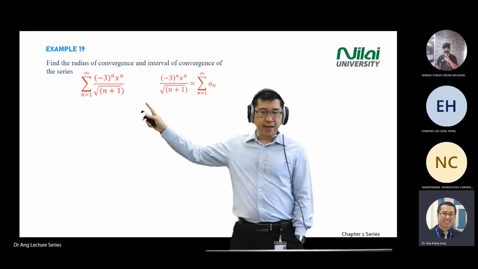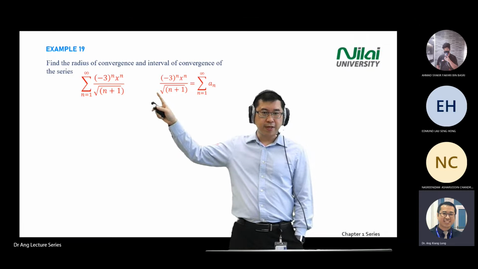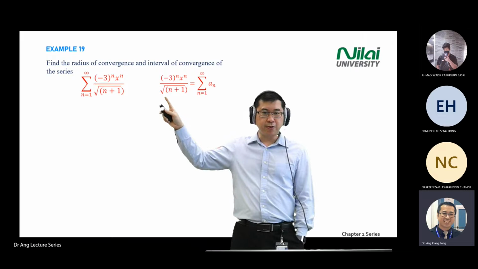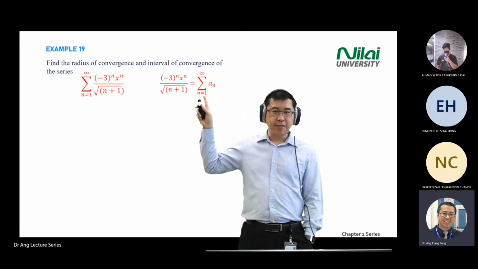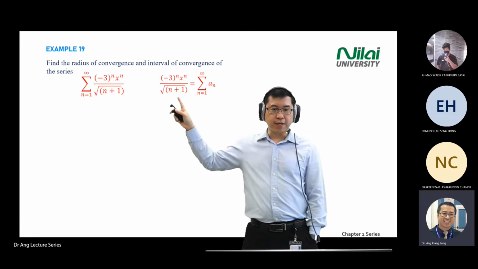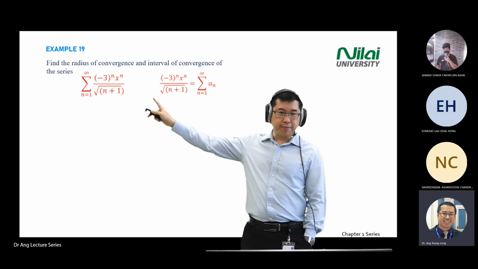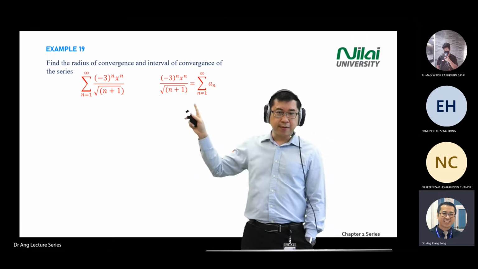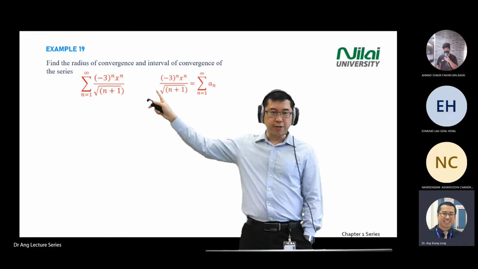Sorry, I think I missed out the sum symbol here. So actually you should add in the sum symbol and then the equation equals the sum of AN. The meaning is that your AN equals this one. All right, I apologize for that.